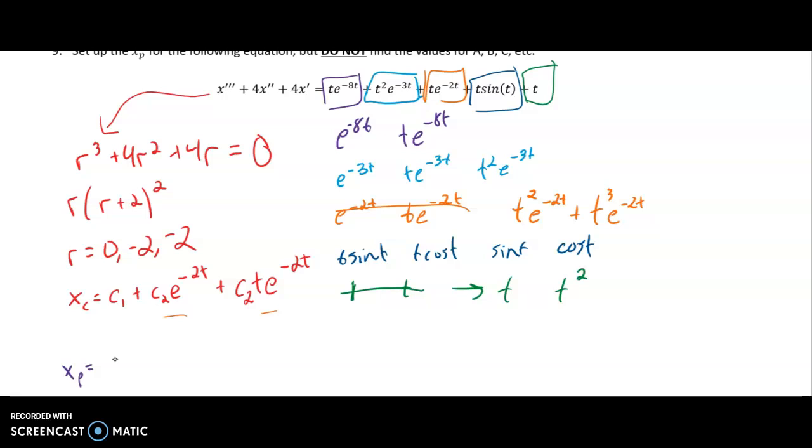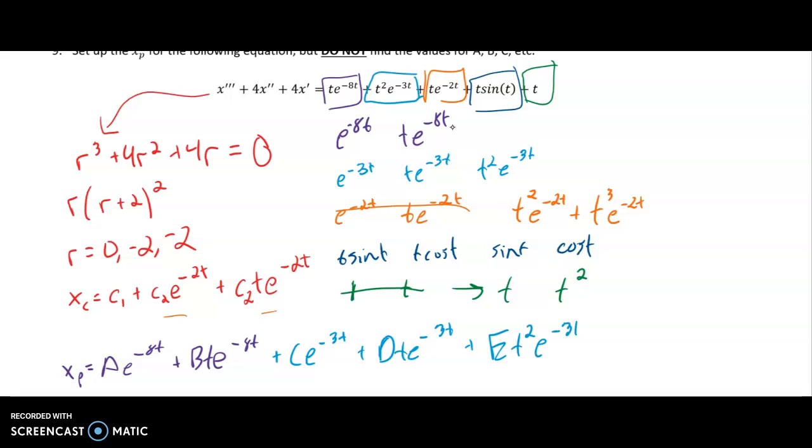My xp is equal to, all right, so I got a e to the -8t plus b t e to the -8t. That's these two pieces right here with my undetermined coefficients. So next I'll go to blue, plus c e to the negative 3t plus d t e to the negative 3t plus e t squared e to the negative 3t.